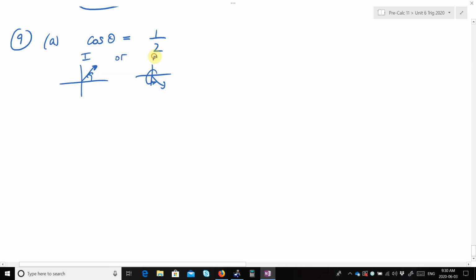Okay, number 9, solve each equation for theta between 0 and 360 using a diagram involving a special right triangle. So in A, they're saying cos of a certain angle is 1 over 2. Where is cos positive? In quadrant 1 or quadrant 4? 1 or 4. So then we have to figure out the reference angle, which is cos inverse of 1/2.